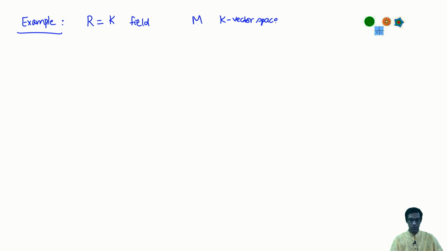In other words, it's a module over the ring R equals K, and M1 is a subspace. So the question now is, does M1 have a complement? Is there a complementary submodule of M for M1?